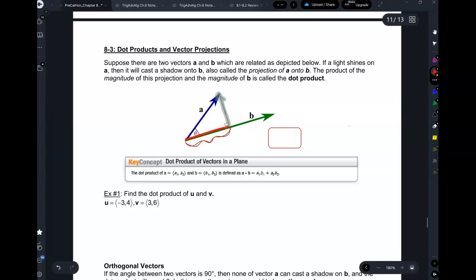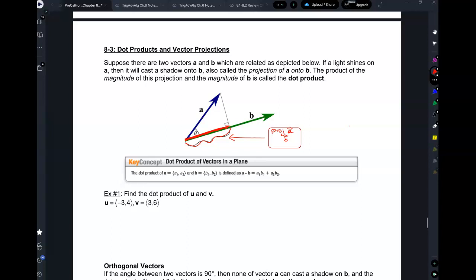That line is called the projection of vector A along B. Say that to impress your friends, right? This is the projection of vector A along B. All it is is one of the components of vector A that lies on B. So in formal terms, it's called the projection of A onto B.